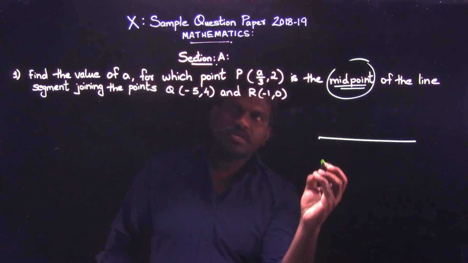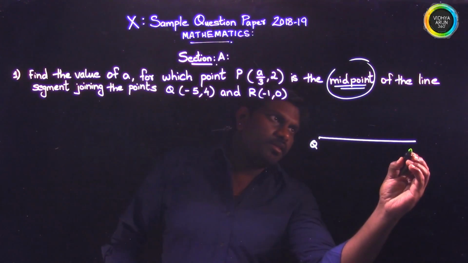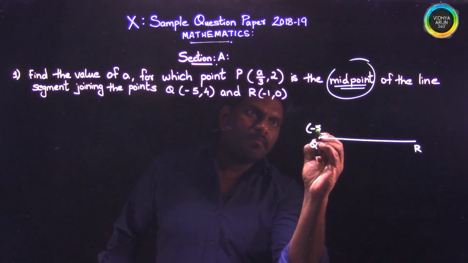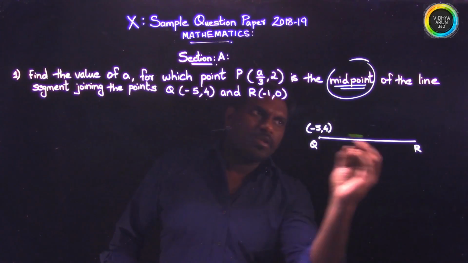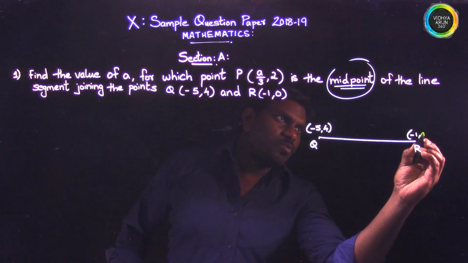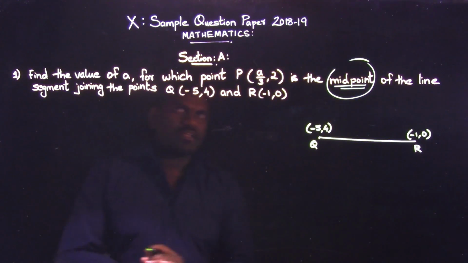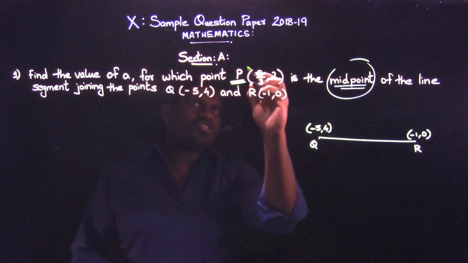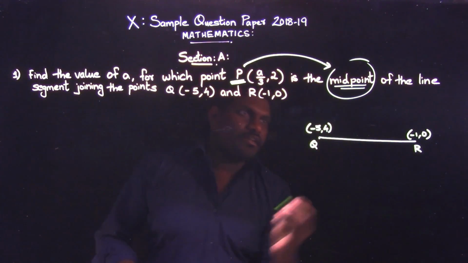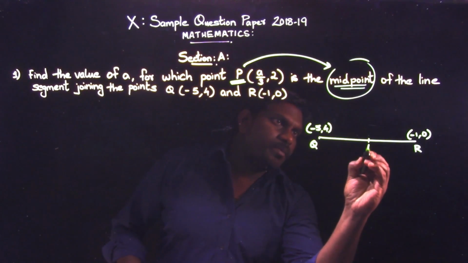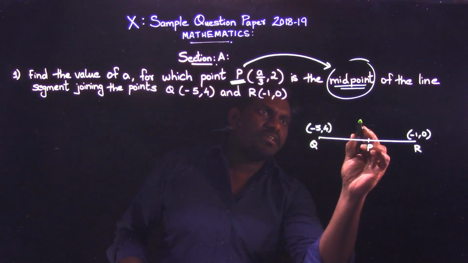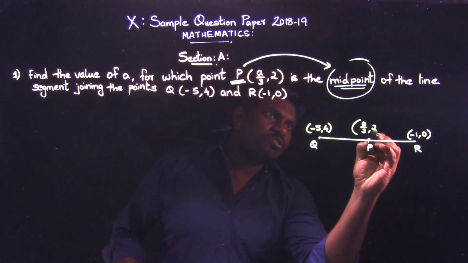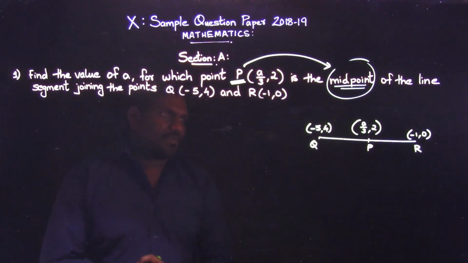There are 2 points given, Q and R. Q is minus 5, 4, whereas R is minus 1, 0. And there is a point P which is the midpoint of the line. Midpoint means it will be at the center, right? And the point is given as a by 3, 2.